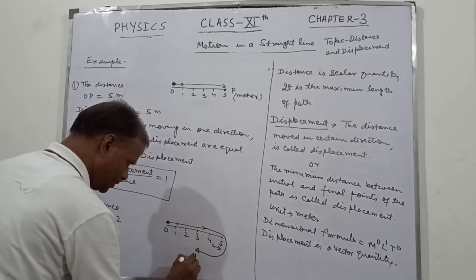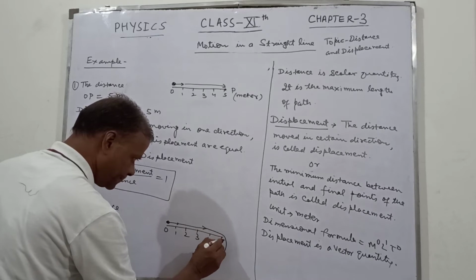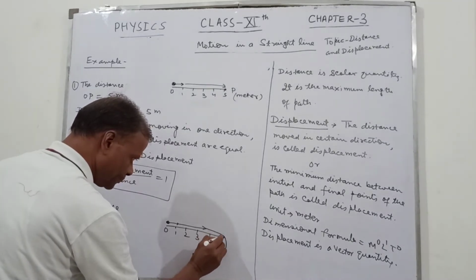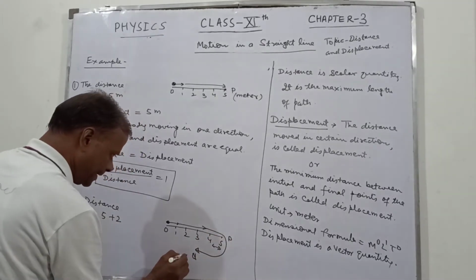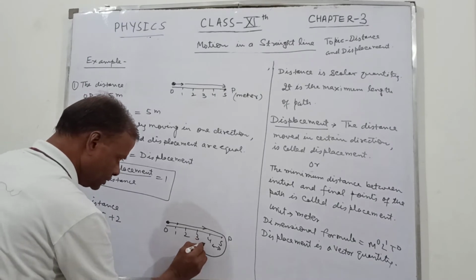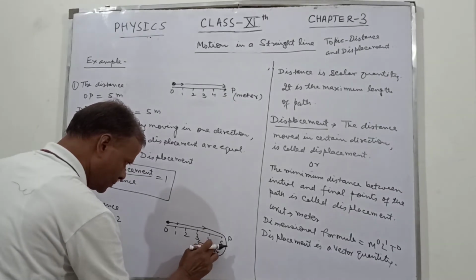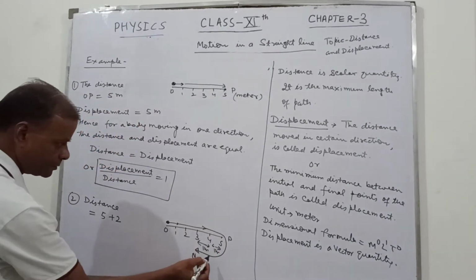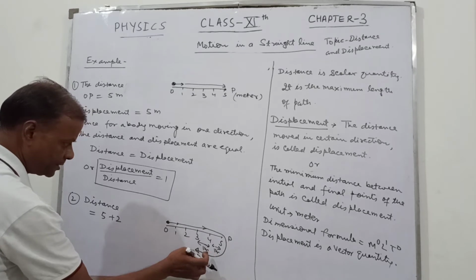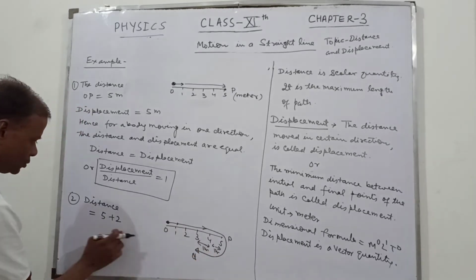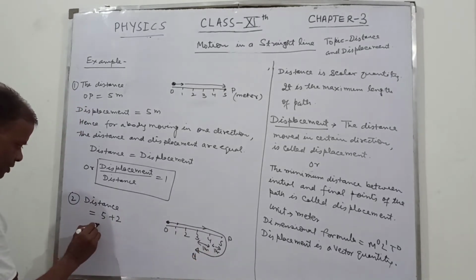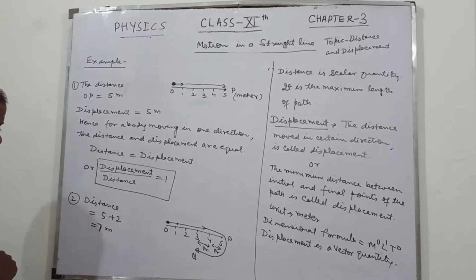This is point Q, this is point P, and this distance is also 1 meter. Then we have 5, plus 1 meter plus 1 meter is 2 meter, so this is 5 plus 2, which is 7 meter. Now what about the displacement?